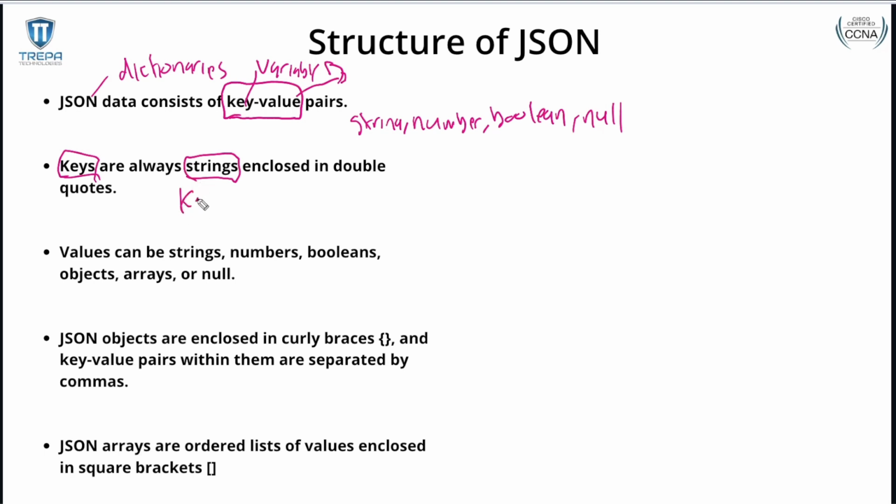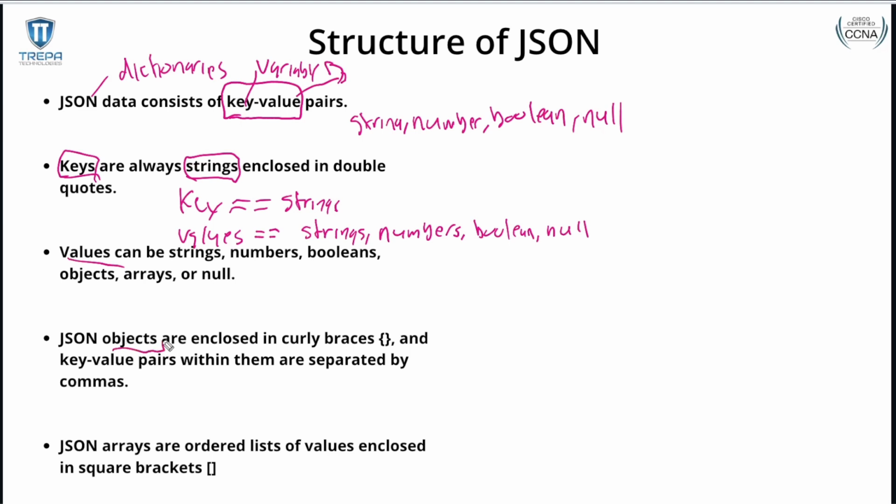So the keys in the key value pairs are always strings, but the values can be strings, numbers or integers, boolean values, or null. So as you can see here, I actually have that in the list.